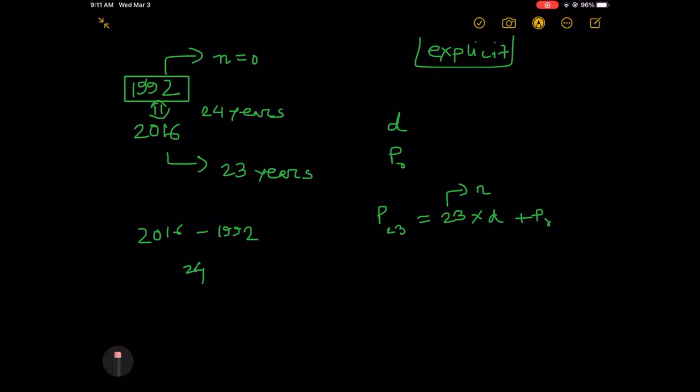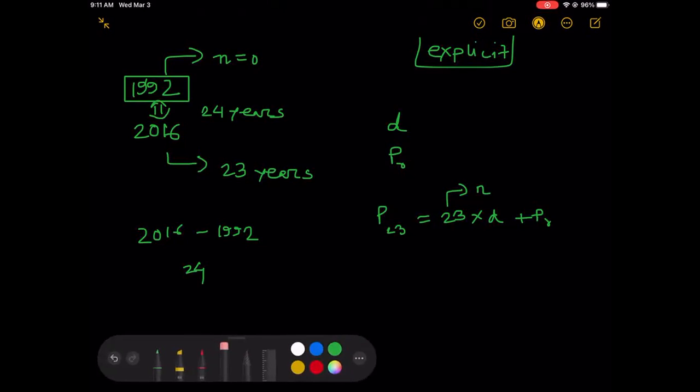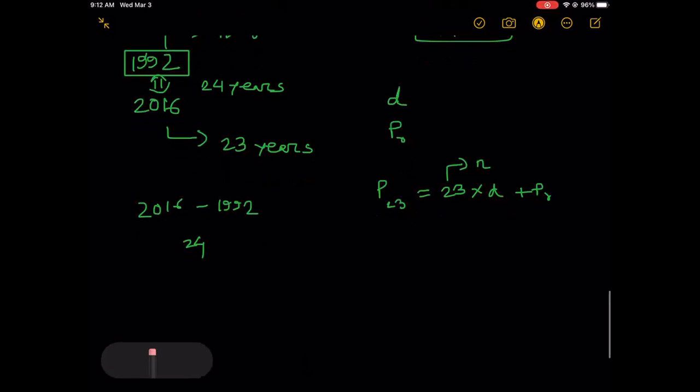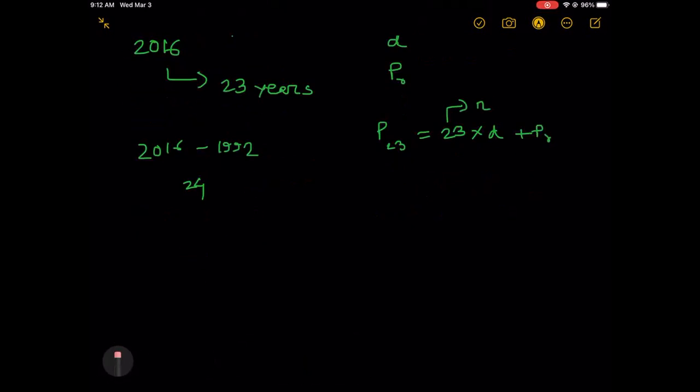Anyway, I've made a mistake as well. This should be 24 years though. Yeah, this should be 24 years because this is the year ending data. So it's just like a baby born in 1992, and we are considering his or her age in 2016.